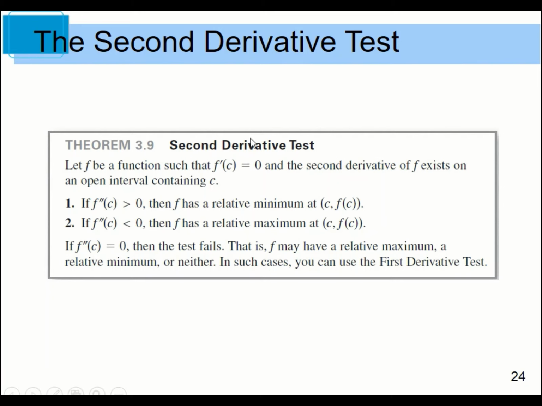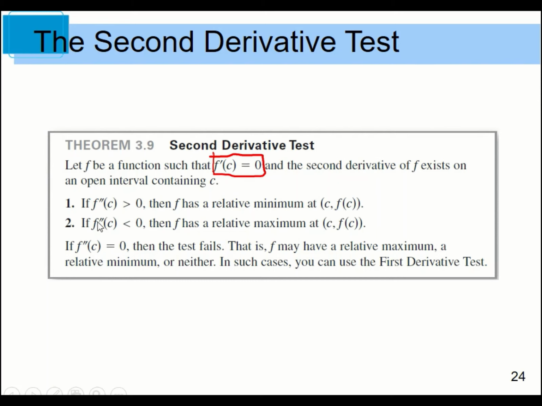The second derivative test says that if f is a function such that, first, the first derivative must be equal to 0, and the second derivative of f exists on an open interval containing c, meaning the second derivative exists at this point, and if the second derivative at this point is a positive value, then f(c) is a relative minimum point.